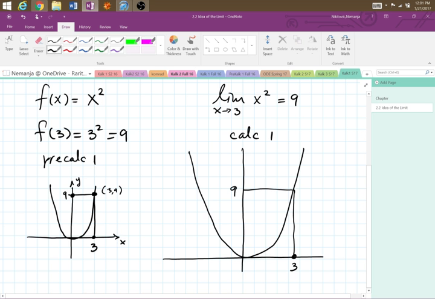I know it's not to scale, but such is life. All right. I'm going to read the limit statement one more time. Limit of x squared as x approaches 3 is 9.